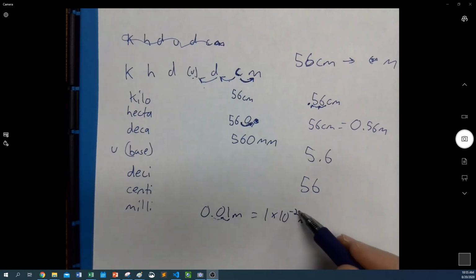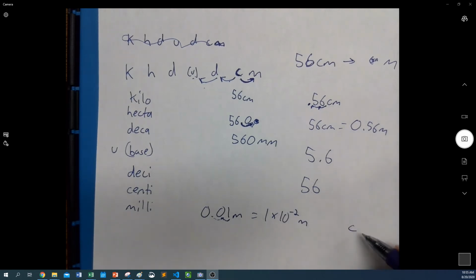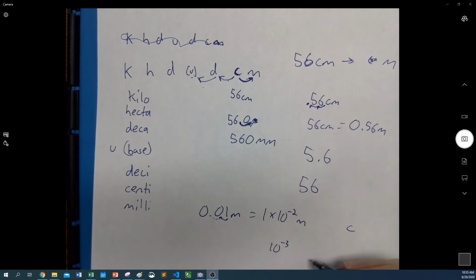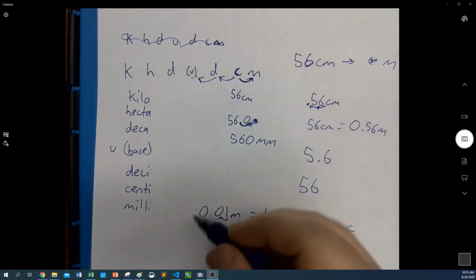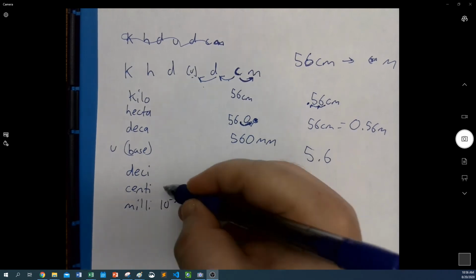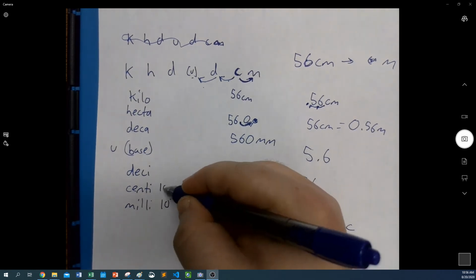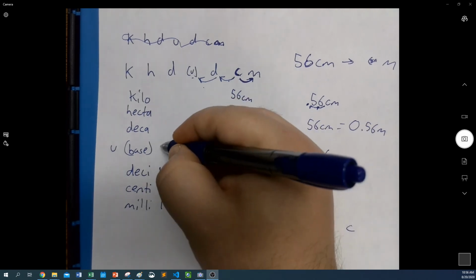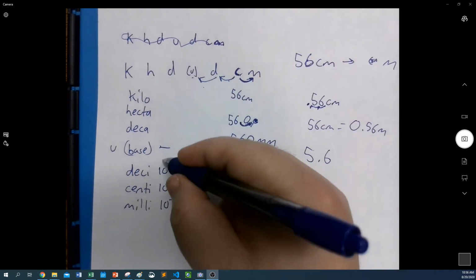Negative 2 refers to centi. 10 to the negative 3 refers to milli. I'll put it right here. This is 10 to the negative 3. This is 10 to the negative 2. This is 10 to the negative 1. This is blank. It's 10 to the 0.